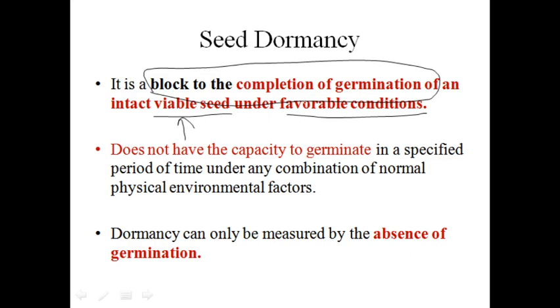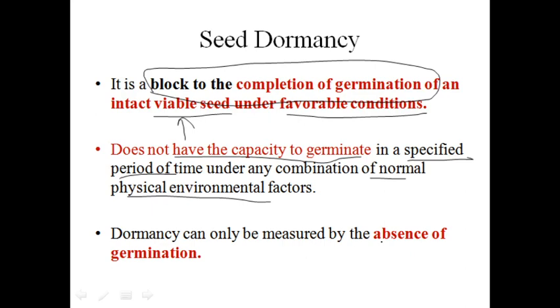And most of the time, what does a seed need for its germination? That is water and gaseous exchange. So dormant seeds do not have the capacity to germinate in a specific period of time under any combination of normal physical environmental factors.